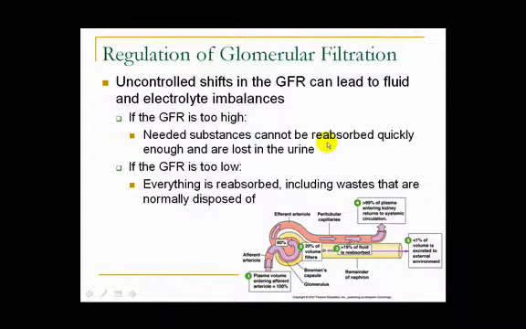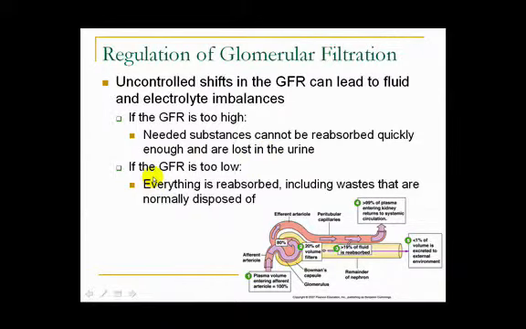Obviously, right, if you're producing 180 liters of filtrate a day, but you're only urinating 1.5, that means you're reabsorbing, what is that, 178.5 liters you need to reabsorb. So if it's moving too fast through the lumen of the nephron, you won't have time to reabsorb it and it will get lost in the urine. That could significantly affect your blood volume.